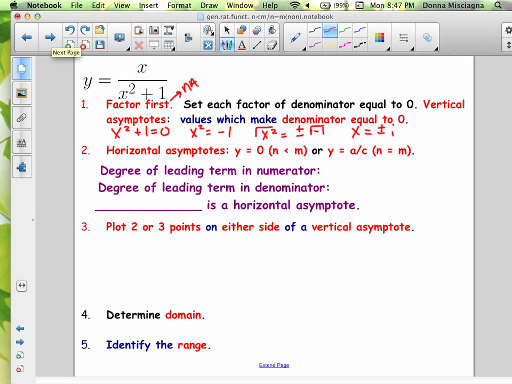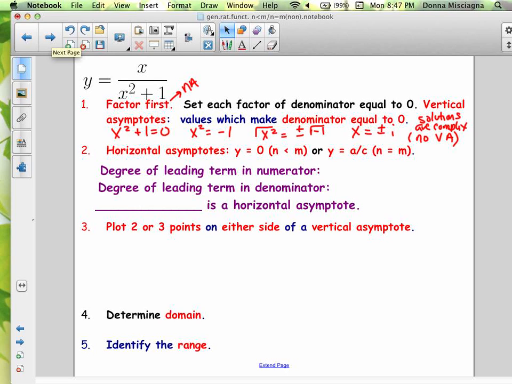Right? So since the solutions are complex, there are no vertical asymptotes. Right? So we don't have any vertical asymptotes.